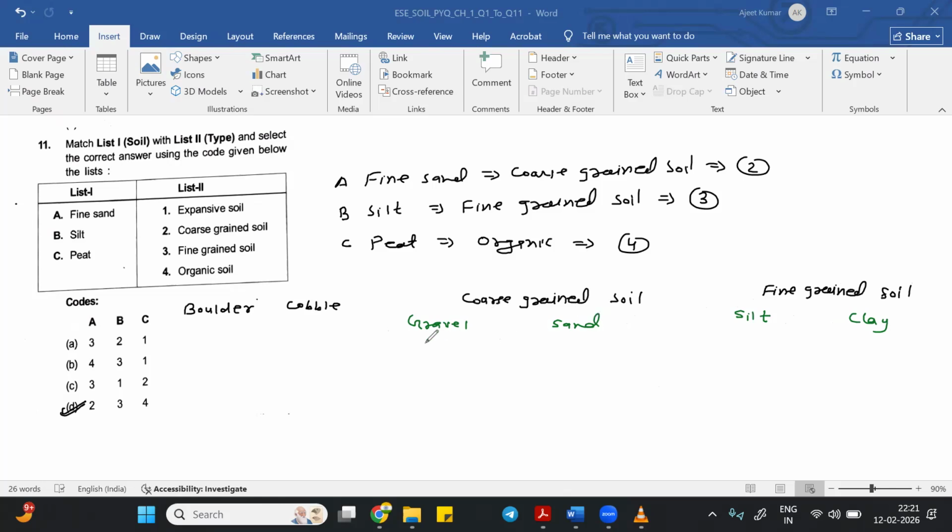For gravel, there is coarse gravel and fine gravel. And sand is coarse, medium, and fine sand. Okay, these are the classifications.